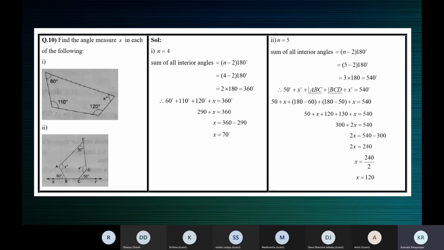Please draw the figure and go through the working first, understand the working, and then write it out in your book.